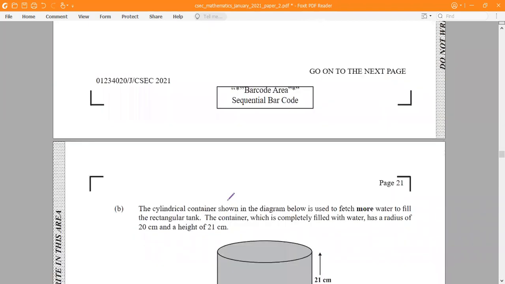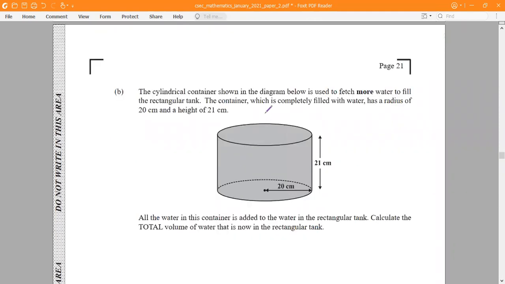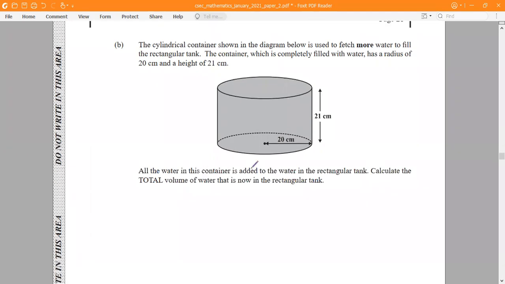Let's move on. A cylindrical container shown in the diagram below is to fetch more water to fill the rectangular tank. We are given the radius and the height. All the water in this container is added to the water in the rectangular tank. Calculate the total volume of water that is now in the rectangular tank. So this is a cylinder.